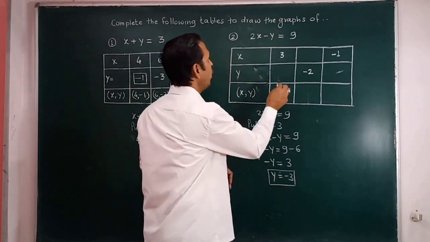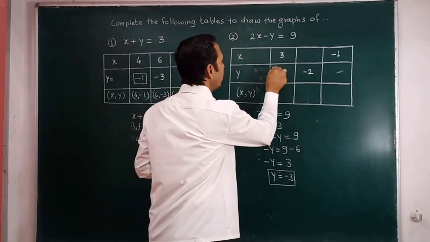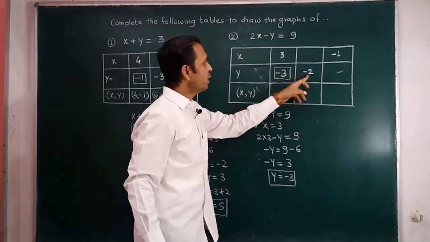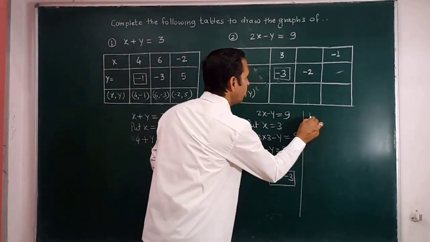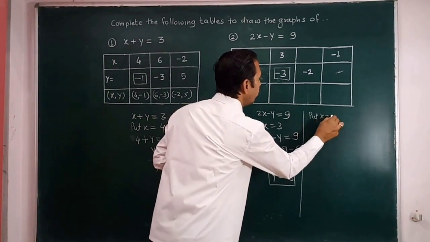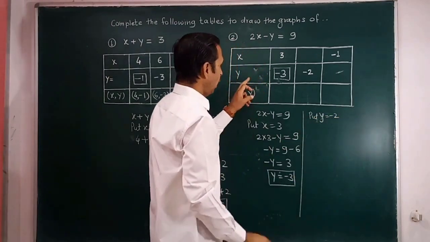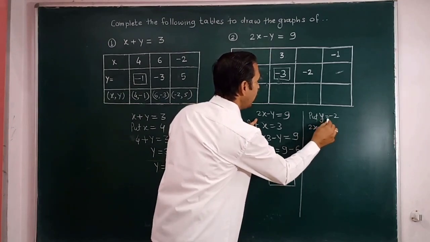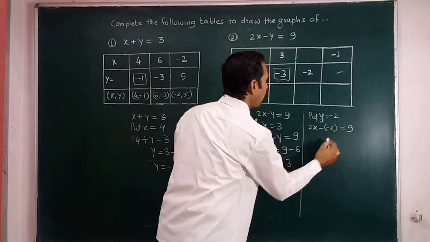Now take the value of y as minus 3, right here minus 3. Then the next value is minus 2. Minus 2 is a value of y, and that's why put y is equal to minus 2 in this equation, 2x minus y means 2x minus of minus 2 is equal to 9.